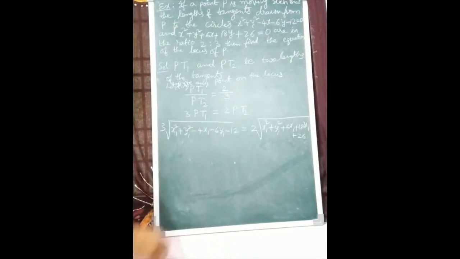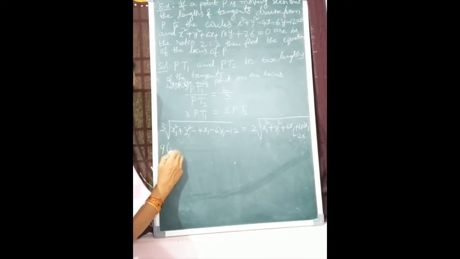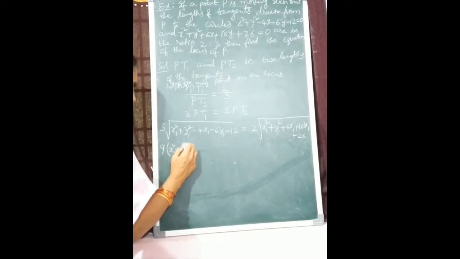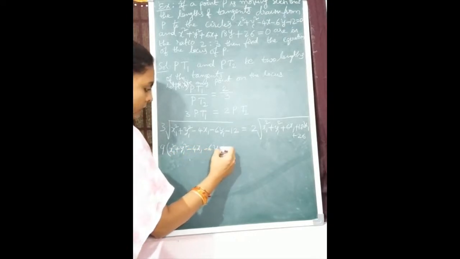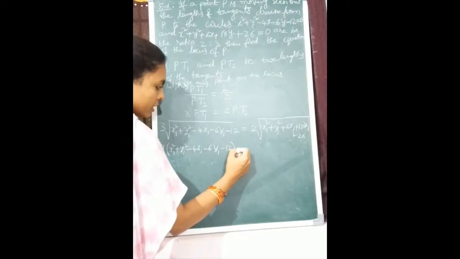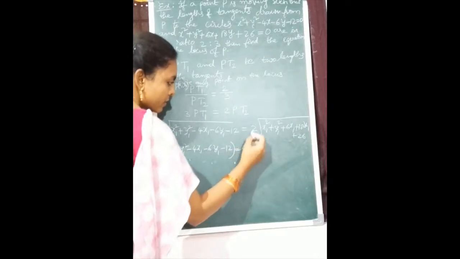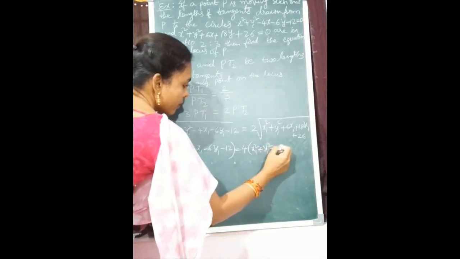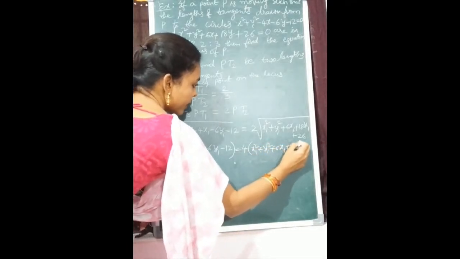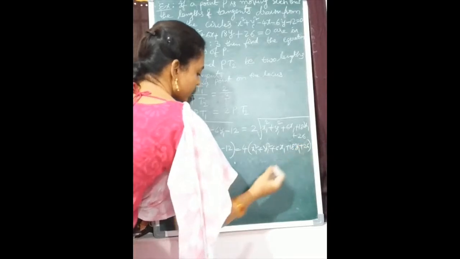So squaring on both sides, we have 9 times (x1 square plus y1 square minus 4x1 minus 6y1 minus 12) is equal to 4 times (x1 square plus y1 square plus 6x1 minus 18y1 plus 26).